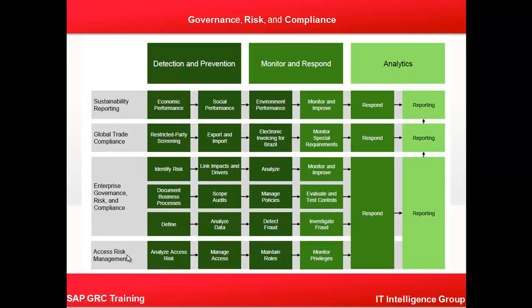This is risk management, that is, analyze the risk, manage the risk, maintain the roles, monitor the privileges, and the analytics, because once you have defined the process of identifying the risk and fixing the risks, then you should be able to monitor it, and report it to the right authorities. So the reporting piece is extremely important here.